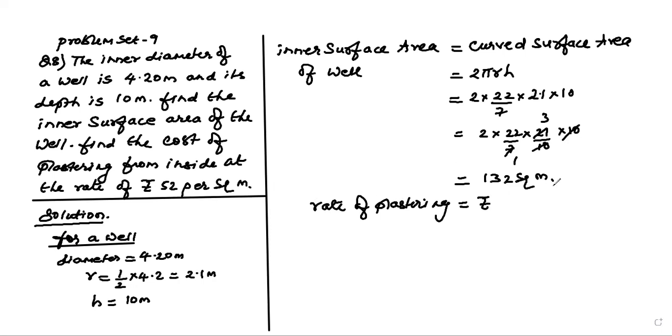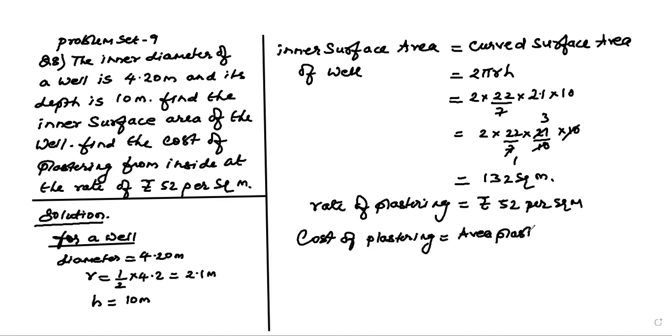They're giving it as rupees 52 per square meter. So the cost of plastering will be the area plastered into rate. Now, the area plastered is the curved surface of the well.